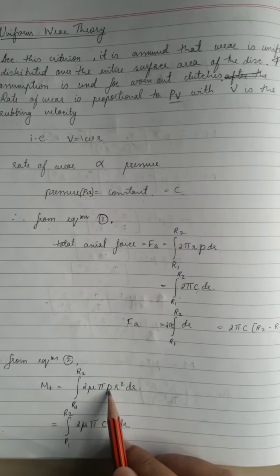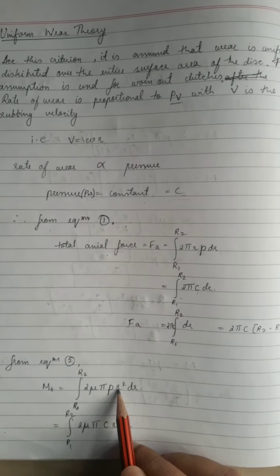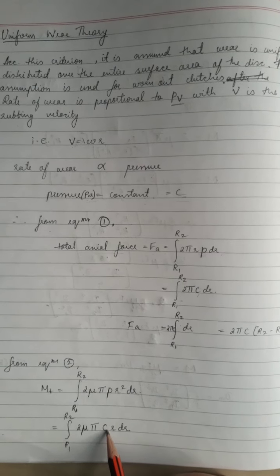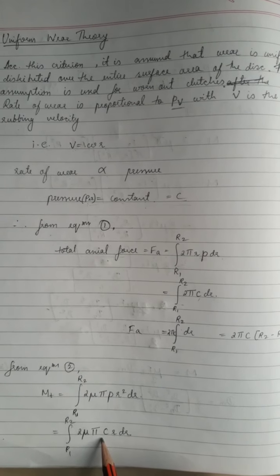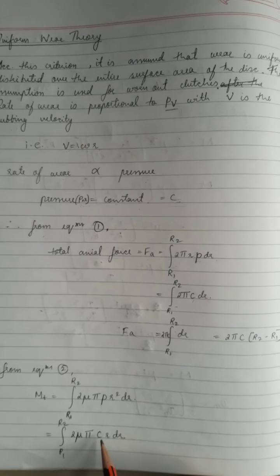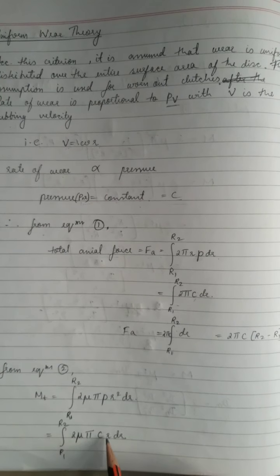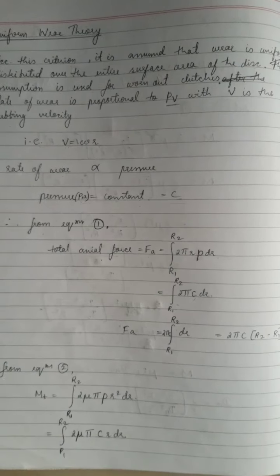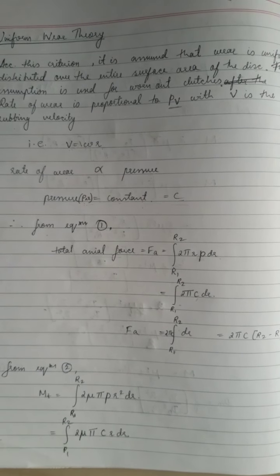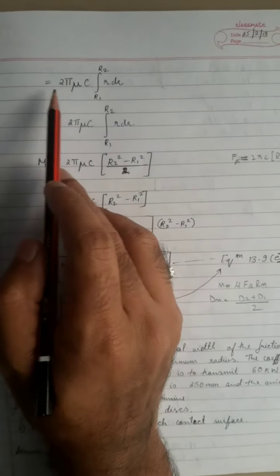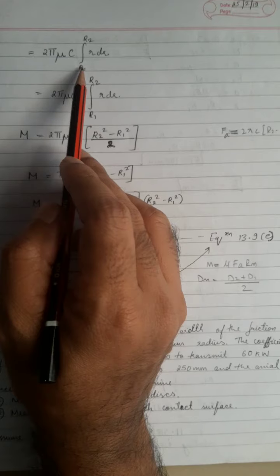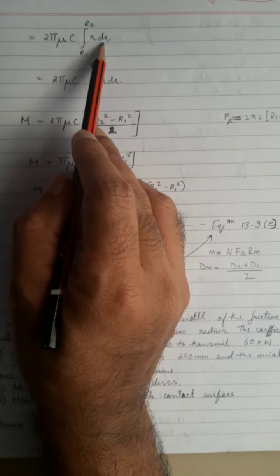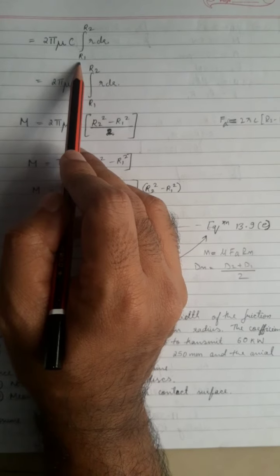Again here we can see it is P into R into R. So PR is a constant C, and with it we are left with R dr. Taking the constants outside, we can write 2 pi mu C times the integration of R dr with limits r1 to r2.